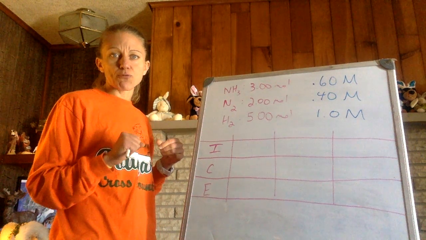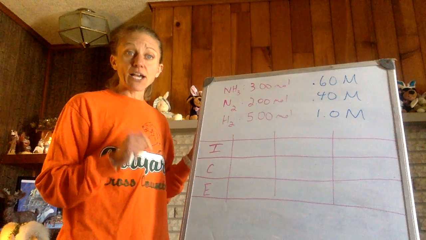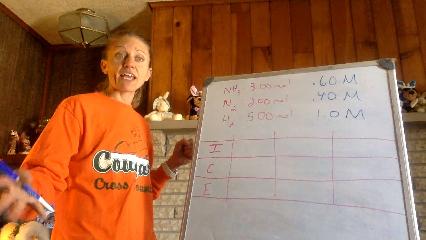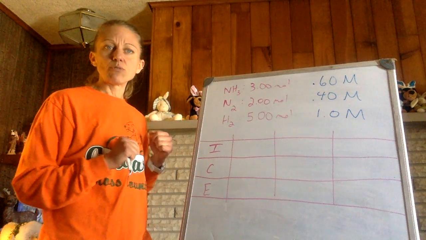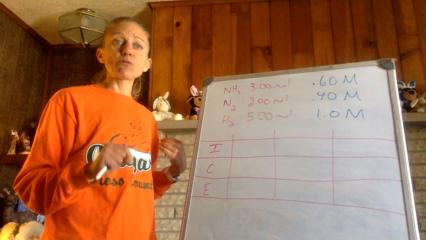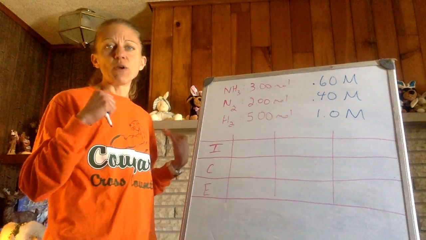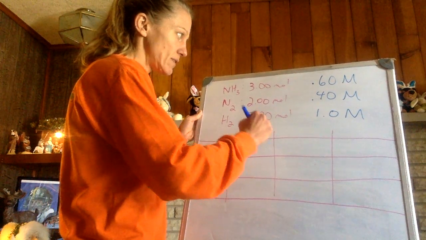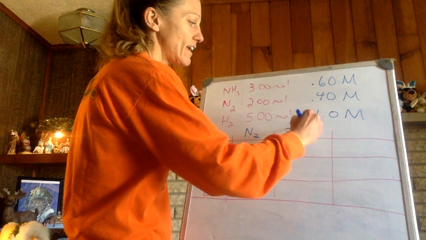So for my ICE chart from this reaction, I wrote ICE down the side. I could write initial, change, equilibrium. I think in the pages I'm going to show you for your packet, we've got those. But for this, it just says ICE, which is nice. And above it, I'm going to put the participants in the reaction with their coefficients. That's in your packet. I've got N2, and I've got 3H2.